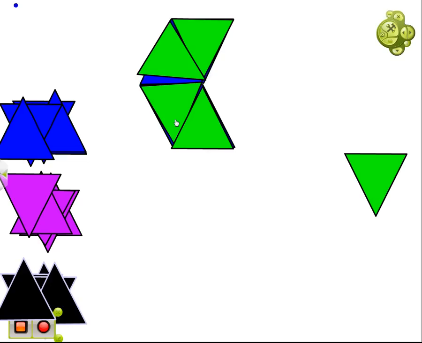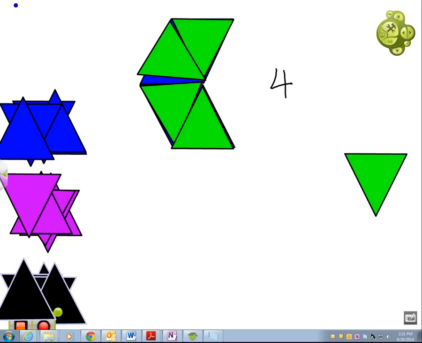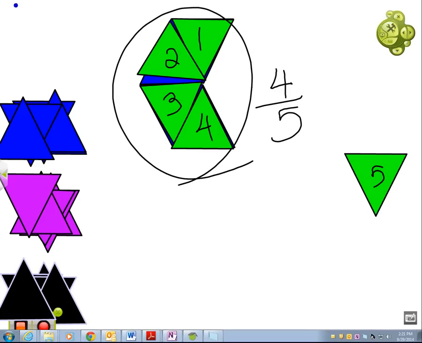So how many of those fit into 2/3? 4 of how many? 5th. 4 out of 5. So the correct answer is 4/5, because we have 1, 2, 3, 4, 5 of them, but only 4 of them fit into the 2/3. And this guy is just sitting all by himself.